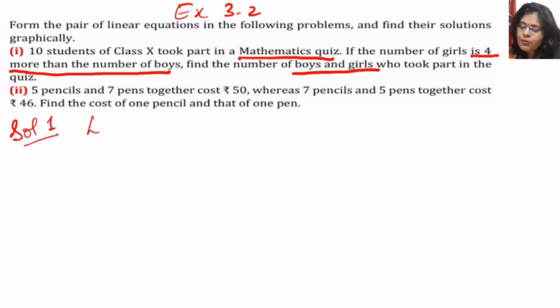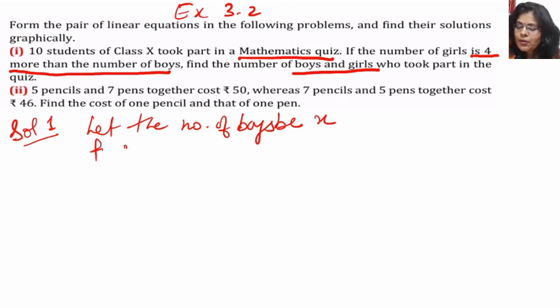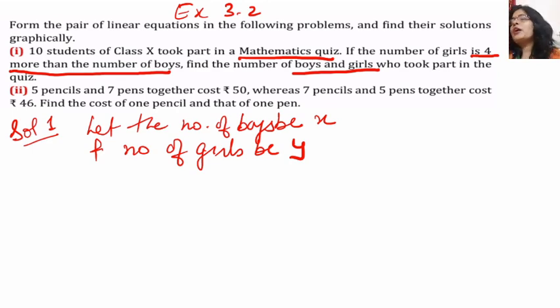Let the number of boys be x and the number of girls be y. So first thing, what do we get? 10 students of class 10 means x plus y is equal to 10.